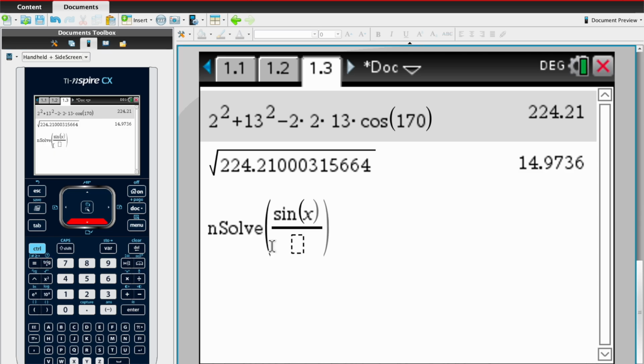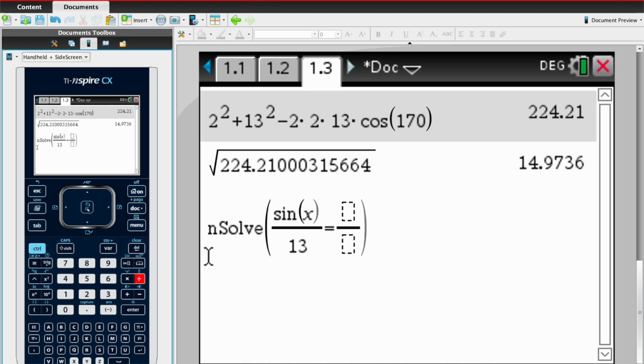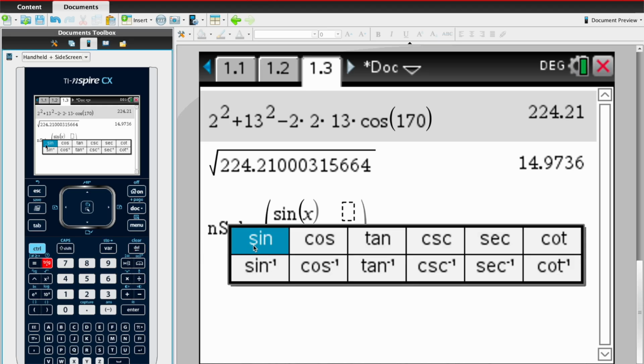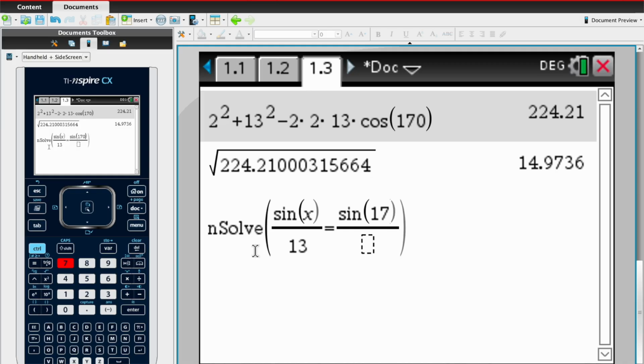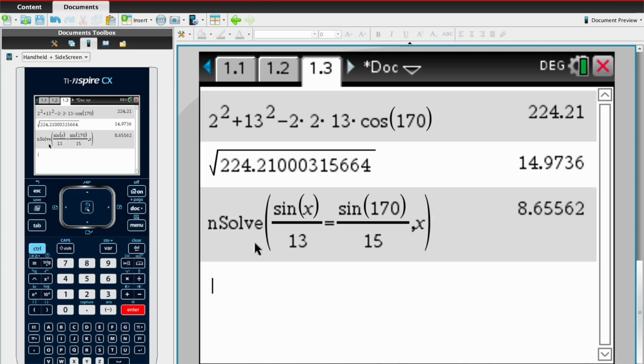Sine x over 13 equals sine 170 over 15. And then what are we trying to solve for? I'm trying to solve for x. All right, there we go. 8.65562, thereabouts.